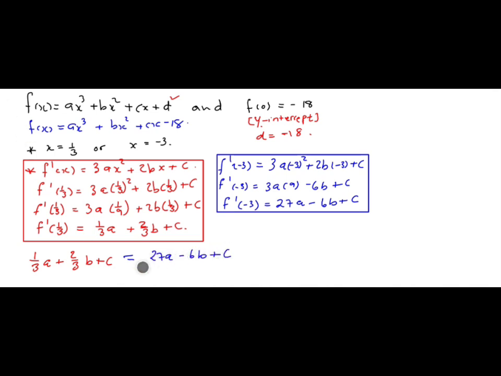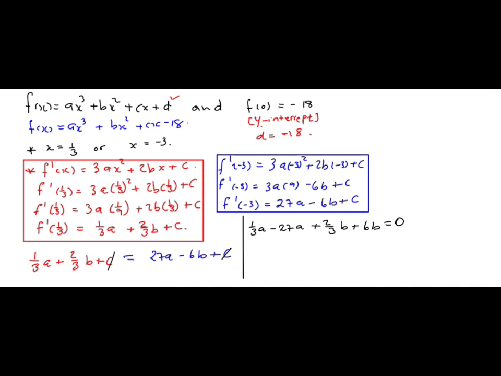Already I can tell that these two will cancel out, leaving us with 1/3 A minus 27A being the like terms, plus 2/3 B plus 6B, equating these to 0. What do we get here?